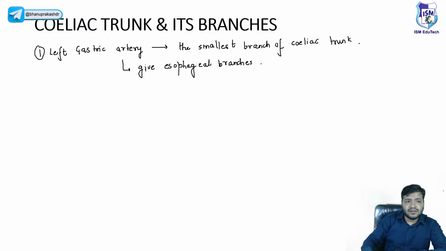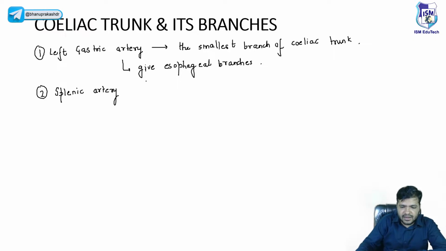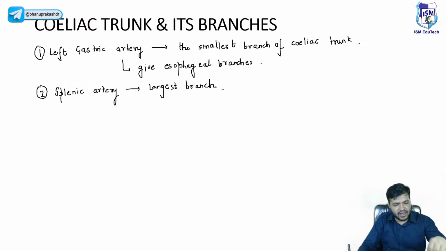So the celiac trunk, we'll complete in our notes as well. The celiac trunk. The second one is the splenic artery. And remember, beta, it is the largest branch of the celiac trunk.